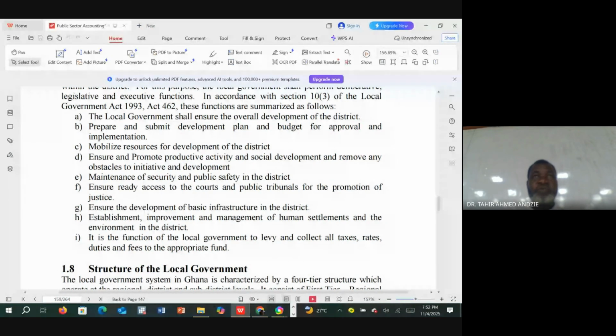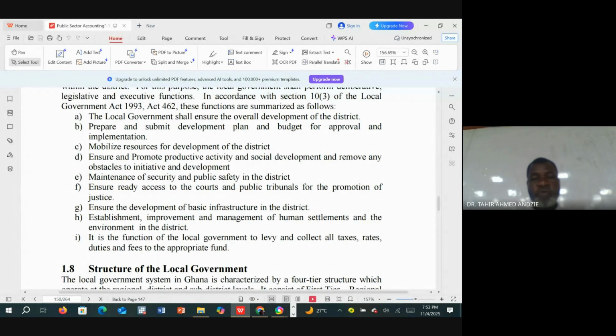Yes, it is your duty as a district assembly to ensure and see to mobilization of revenue for the development of the district, ensure and promote effective, productive activity and social development, and remove any obstacles to initiative and development.